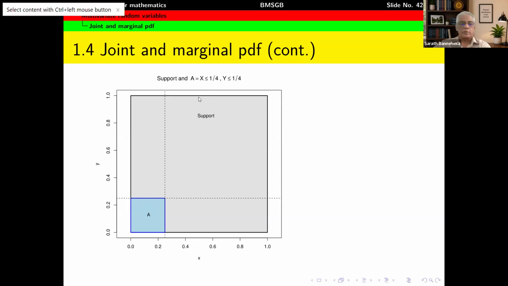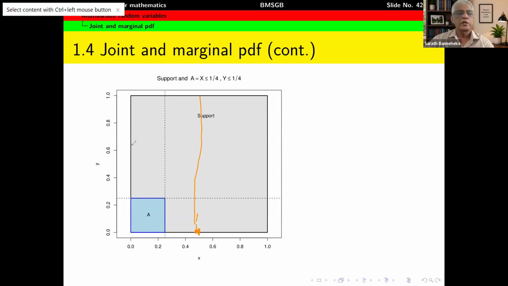If you consider a particular value of x, I have to integrate the joint density function over this whole line here. I'm sorry, I couldn't draw the straight line, but y will be changing from 0 to 1. So I integrate the joint density with respect to y from 0 to 1 to get the marginal density at a particular x.